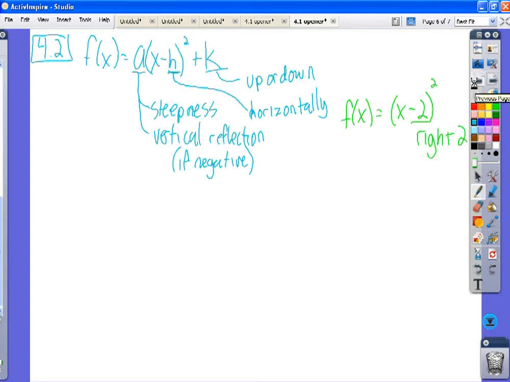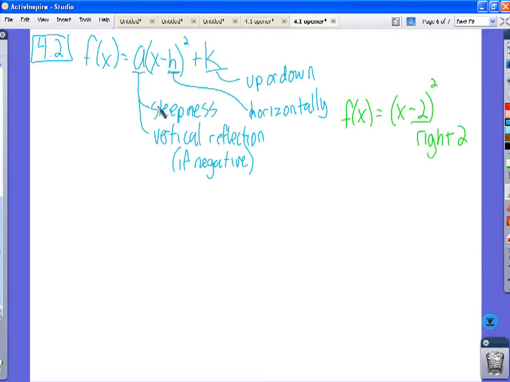This is called vertex form because it makes it quite easy to find the vertex. How far does it move horizontally? However much H is. And it moves up K much. So right now you're finding the vertex, correct?